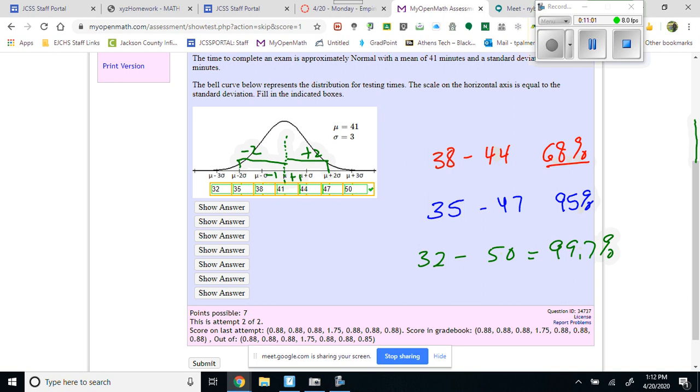But what we're going to end up doing tomorrow is we're going to find out what we do if it doesn't fall on a perfect standard deviation, like 1, 2, or 3, or -1, -2, or -3. What are our options? Well, what we're going to do is find what's called a z-score. Okay, and that z-score is going to give us a value that we need to be able to find out what it would be. Okay, so that's where we're heading.